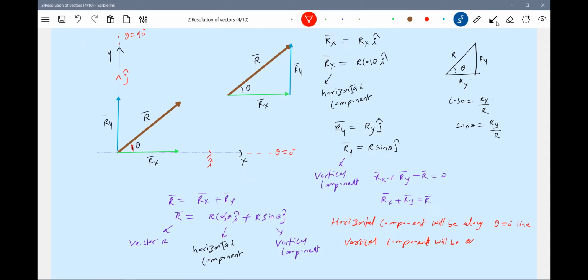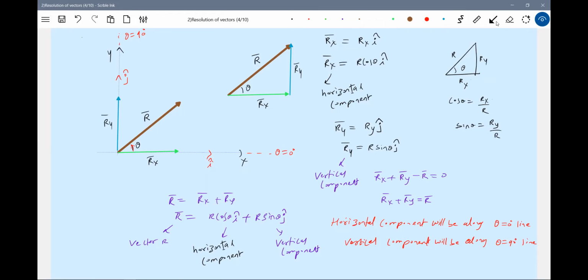The component which is along theta equal to 90 degrees is the vertical component. A component which is along theta equal to 0 degrees is the horizontal component. We are not talking about physical horizontal or vertical, nor along x nor along y.